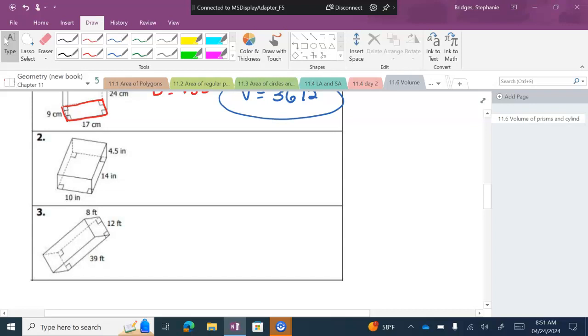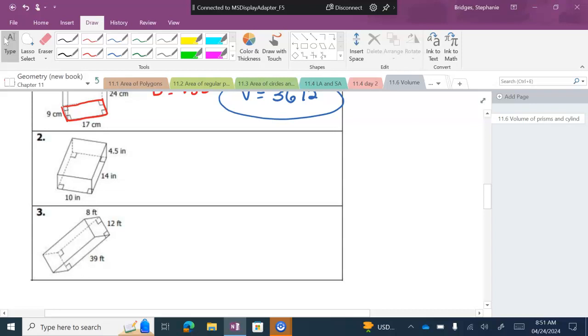Find the base, find the area of it. These are all rectangular prisms, so find the area of your rectangle, and then multiply by the height of the prism. Technically, with a rectangular prism, the volume is length times width times height, okay?